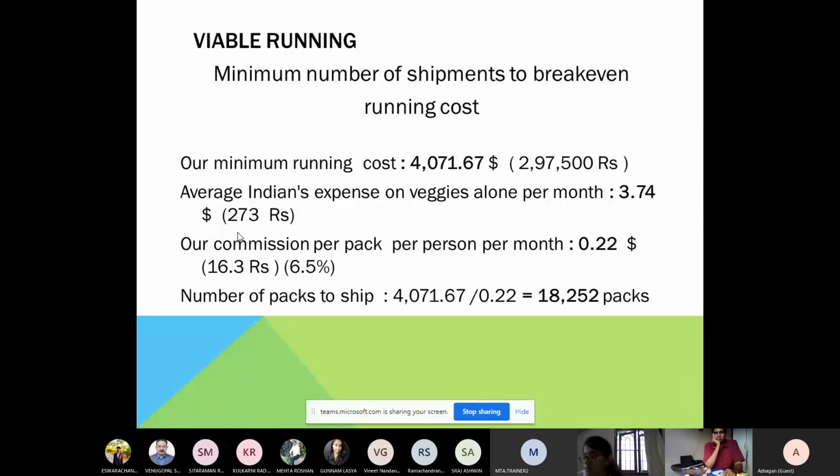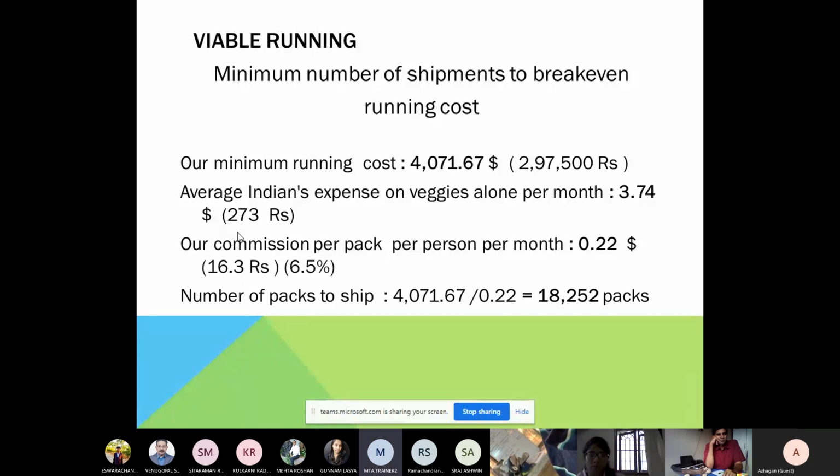So let's say we take a commission of just 6.5% from every 273 rupee package we ship. And the number of packages we have to ship is just 4,000. Yeah, just 4,000. A small city like Coimbatore has a population of 16 lakhs. And shipping 4,000 packets of a commodity that will be consumed again and again every month is going to be very, very easy.